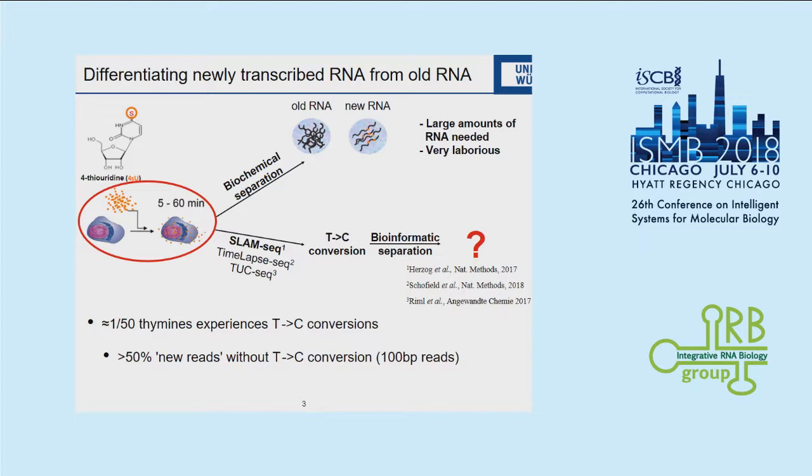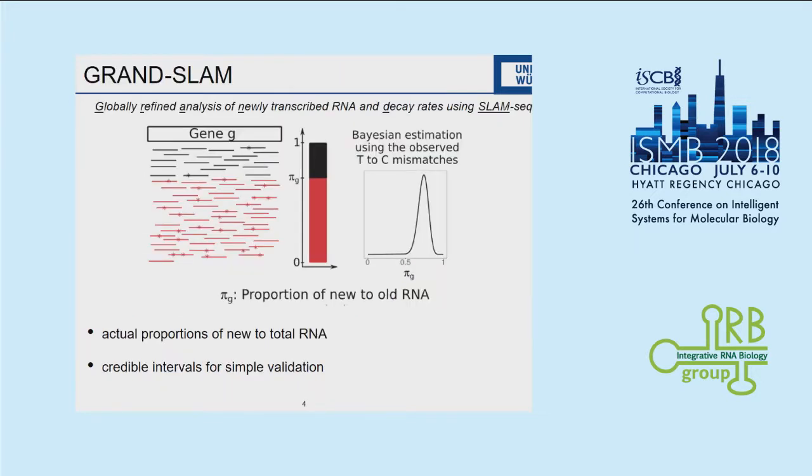And therefore, if you have 100 base pair reads, you will have over 50% of your actual new reads with no thymine to cytosine conversion at all. Therefore, if you do it the wrong way, you will drastically underestimate the actual proportions of your new RNA.